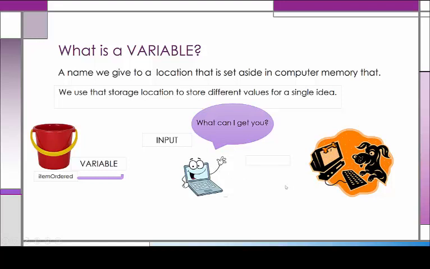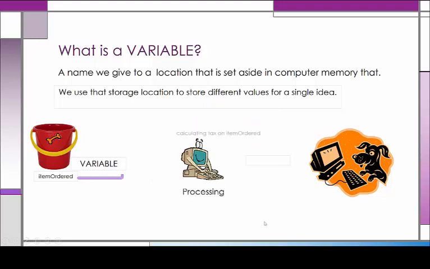And so what happens to that bone, to that value, is it gets put into this bucket, into this storage location in memory that we've called item ordered. So anytime I refer to item ordered in my code, it's actually looking inside the bucket to see what's in there. In other words, this is the processing.